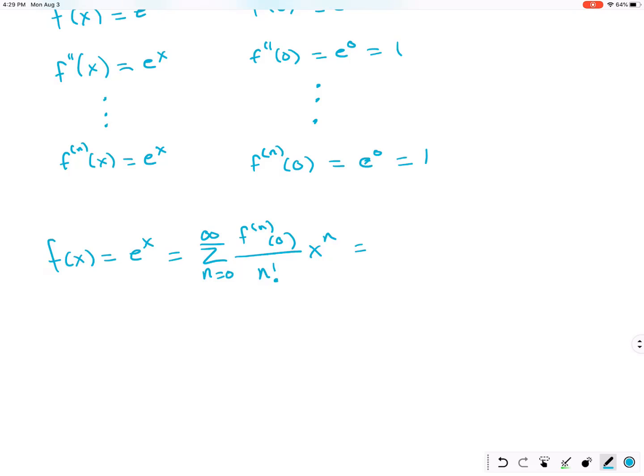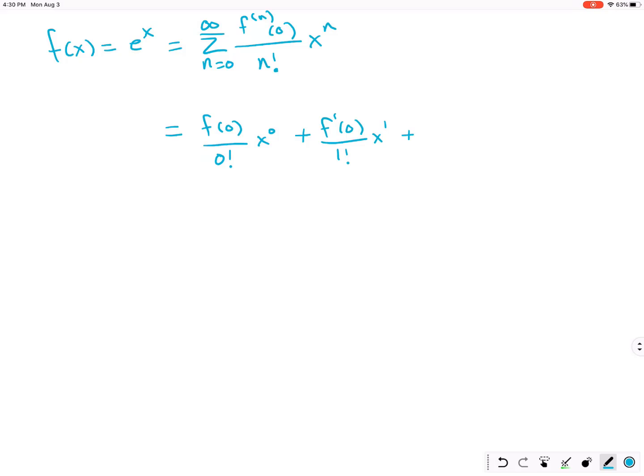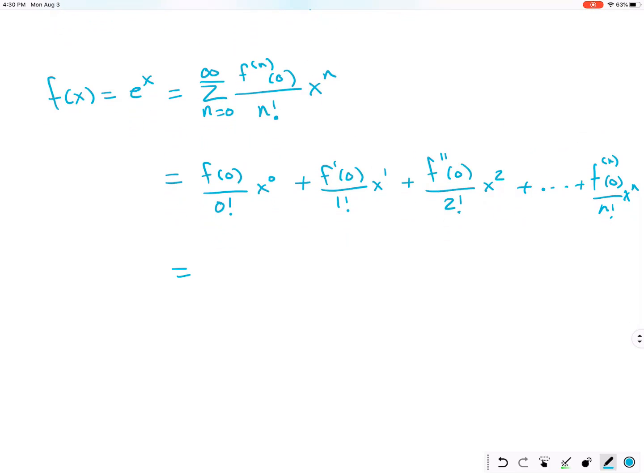That would be equal to f evaluated at 0 divided by 0 factorial times x to the 0, plus the first derivative evaluated at 0 over 1 factorial times x to the first, plus the second derivative evaluated at 0 over 2 factorial times x squared. And we'll go on forever until we get to the nth derivative evaluated at 0 over n factorial times x to the n.